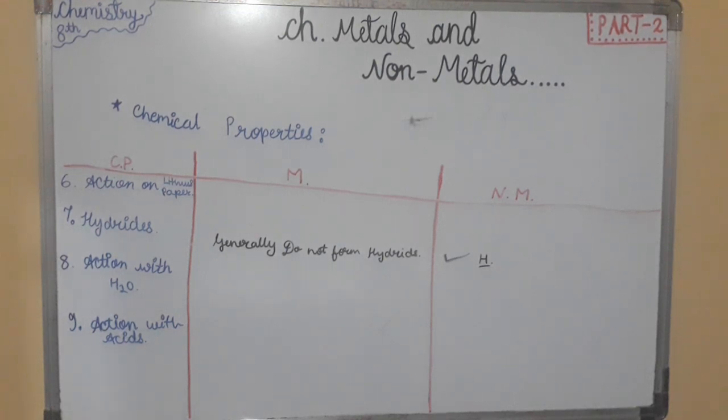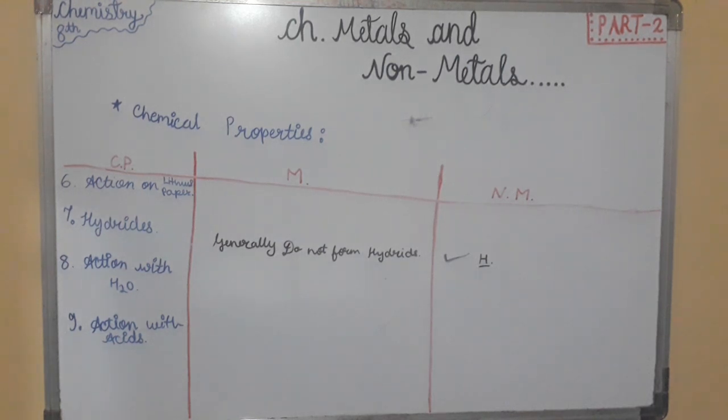Metal plus acid gives salt plus hydrogen. In non-metals, the majority do not react with acids, but sulfur reacts with concentrated nitric acid to form sulfur dioxide, nitrogen dioxide and water.